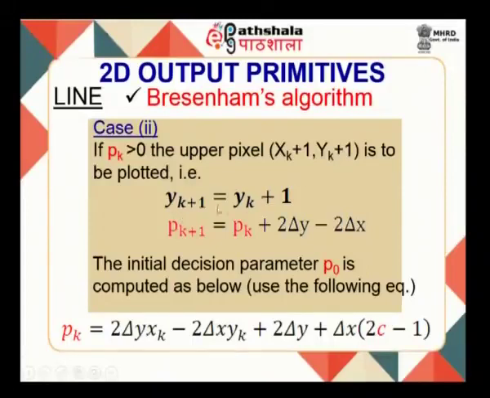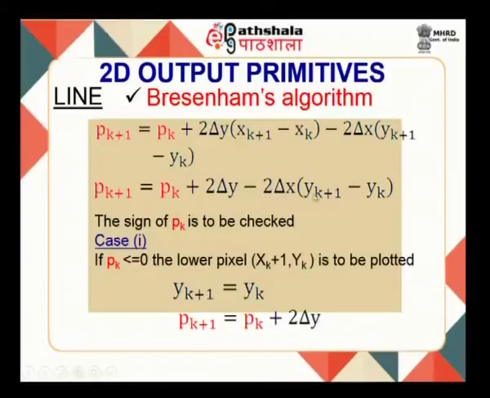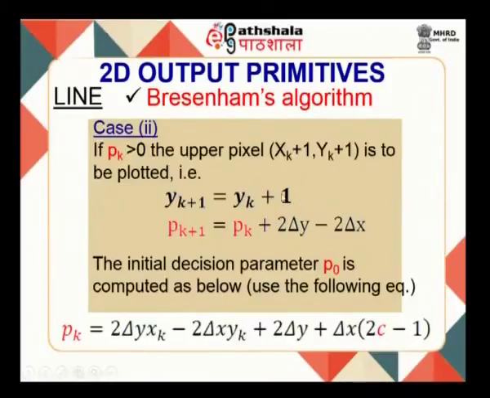And as you see here, the next y value is nothing but the previous y value plus 1. If you compute the next decision parameter, replace y_{k+1} in this equation with y_k plus 1 and you are left with this equation. When you solve that, what you get is p_{k+1} is equal to p_k plus 2 delta y minus 2 delta x.